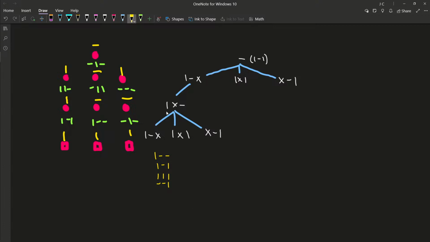So this branch represents half, you know, because we're in 3 dimensions, so there's only 8 inputs. So it represents half of all of the possible inputs.